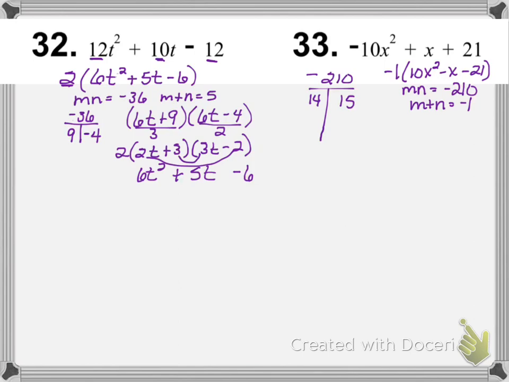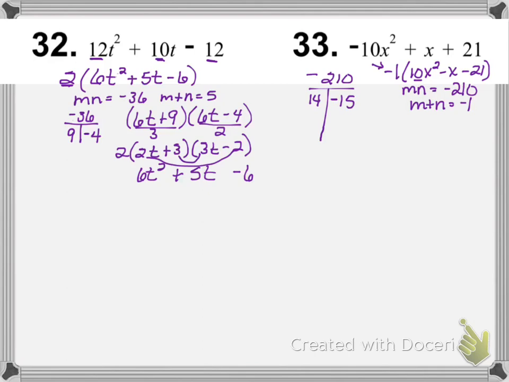Since it's negative 1, the largest number is negative. I also, right here, took out the negative 1 because I want the leading coefficient here to be a positive number. Positive 10, not negative 10.